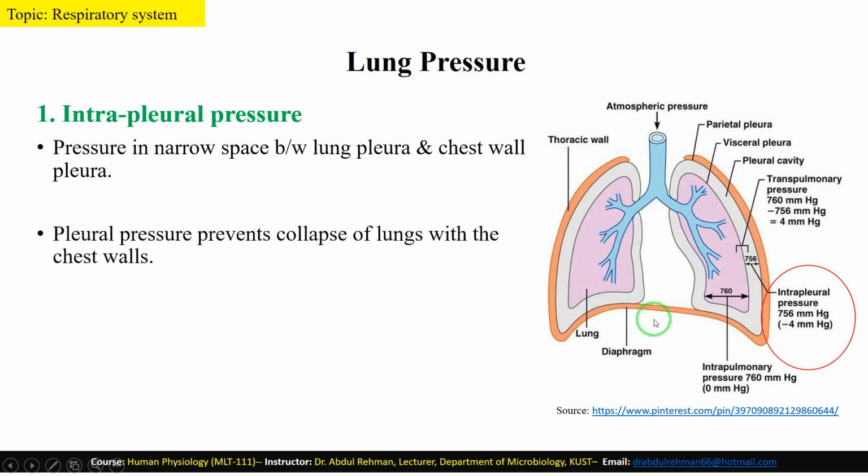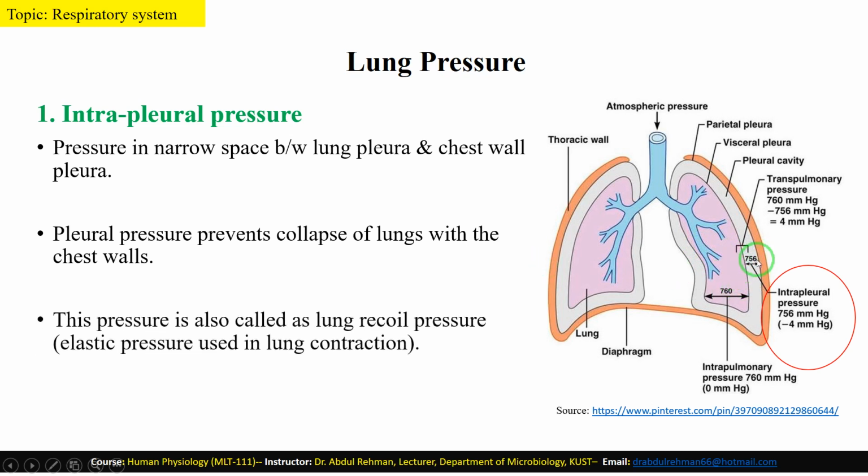This pleural pressure actually prevents the lungs from collapsing away from the chest wall during the respiration process. It is also called recoil pressure because it provides elastic force to the lungs during contraction. Its normal value is 756 mm Hg, slightly lower than the atmospheric pressure.